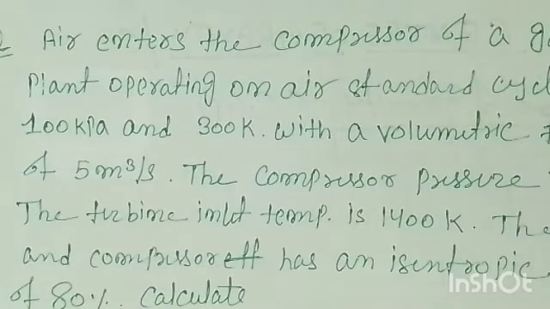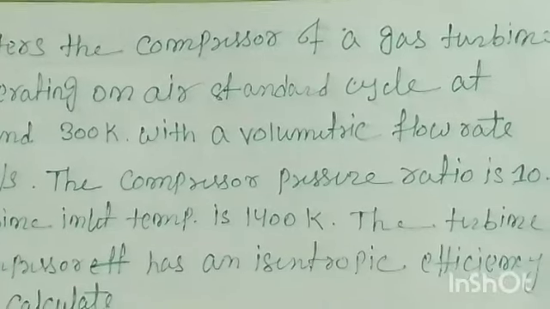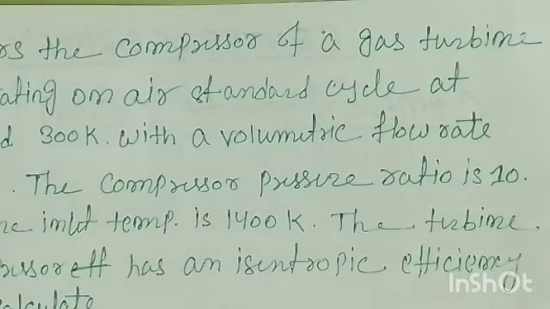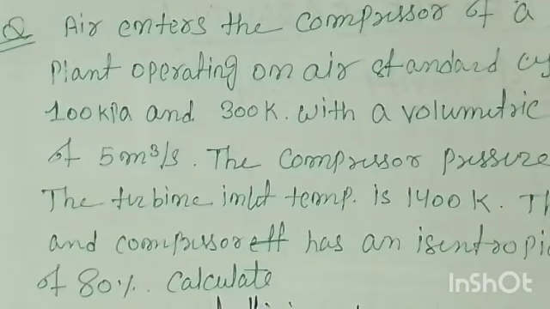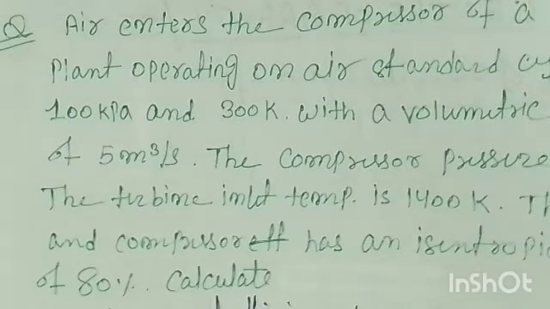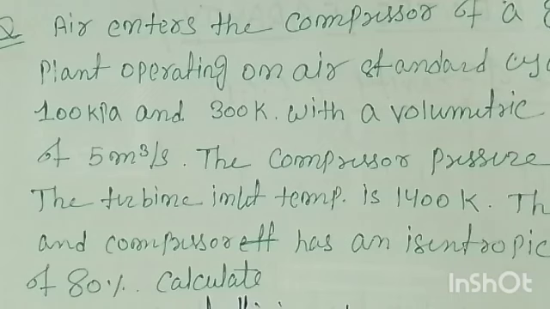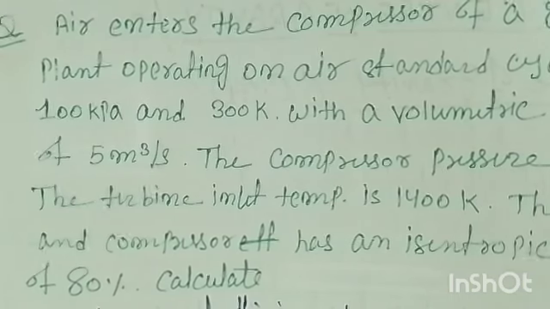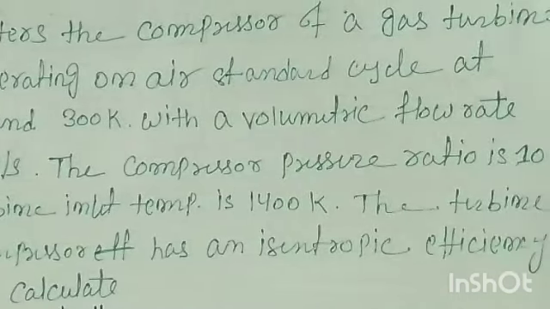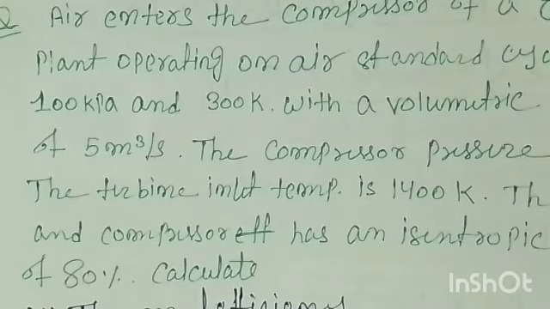Now we are going to solve one numerical problem which is based on the Brayton cycle. The problem is on the screen: air enters the compressor of a gas turbine plant operating on an air standard cycle at 100 kilopascal and 300 Kelvin with a volumetric flow rate of 5 meter cube per second.